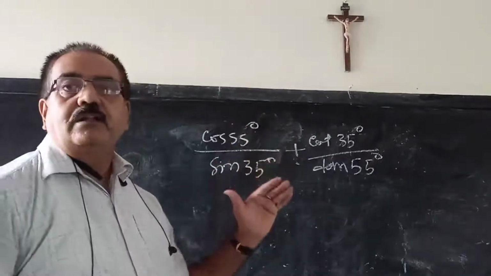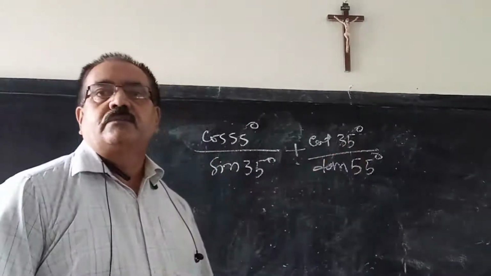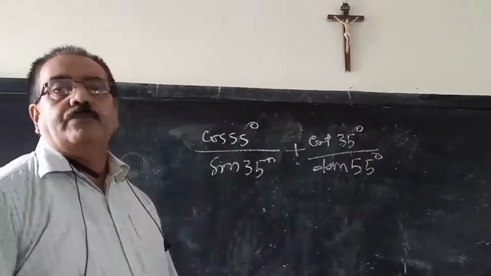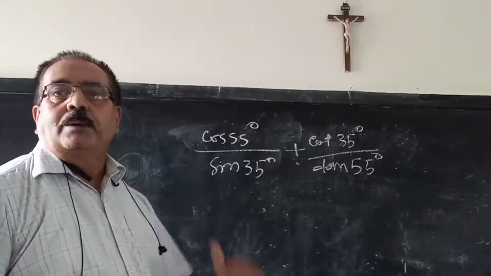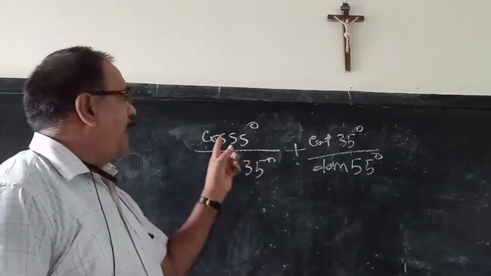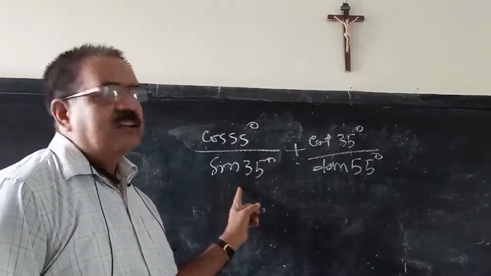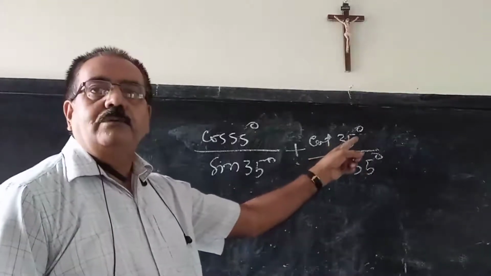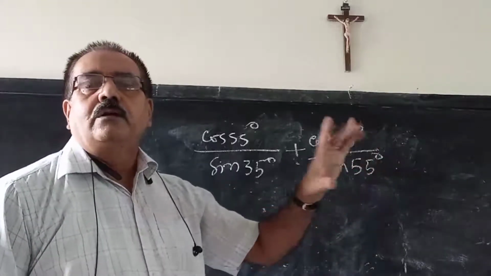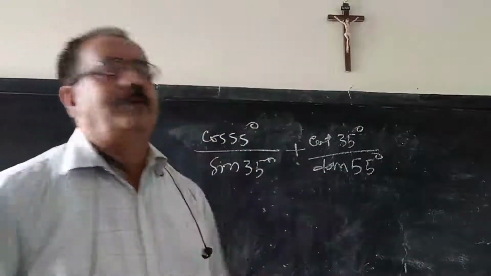And how many terms are there? Two terms: this is the first term, this is the second term. From each term, we will convert one of the angles into a complementary angle, either numerator or denominator. So any one from each term you are going to convert into complementary.